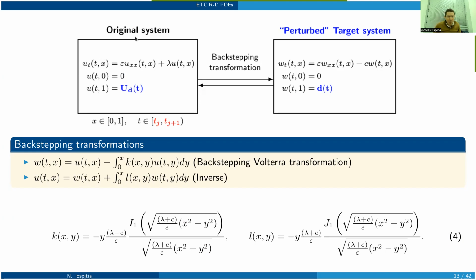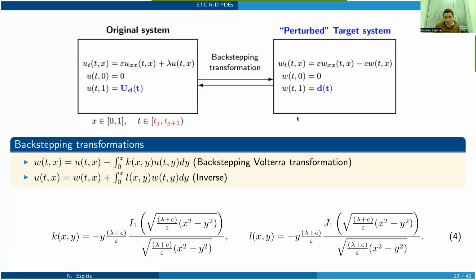In this case, we want to transform the original system, the reaction-diffusion PDE with a piecewise constant signal at the boundary, and we use this backstepping transformation, the direct backstepping transformation, and the inverse. In this case, they admit a closed-form solution.